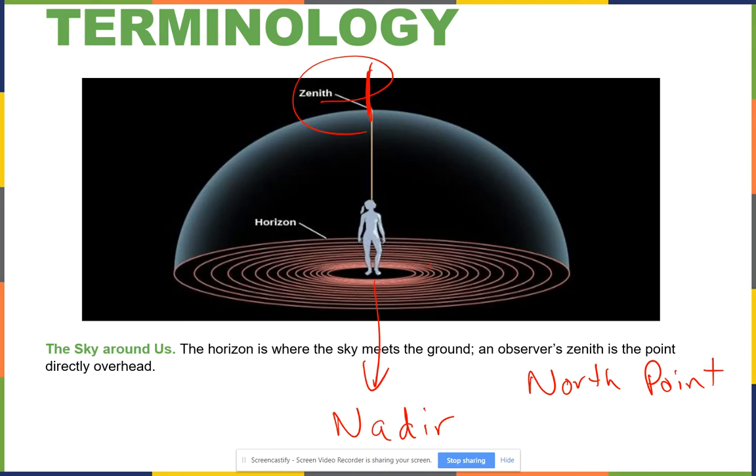So declination is equivalent to latitude, but it's for the sky instead of the Earth. So latitude on Earth leads to declination in the sky. That means that since I am at 40 degrees north latitude, my zenith is at 40 degrees north declination.